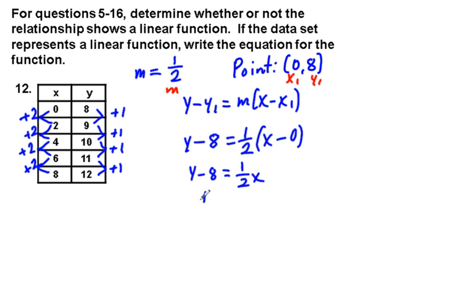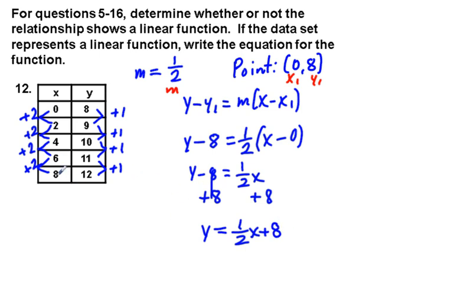And if we add 8 to both sides of this equation, we get y equals 1/2 x plus 8.